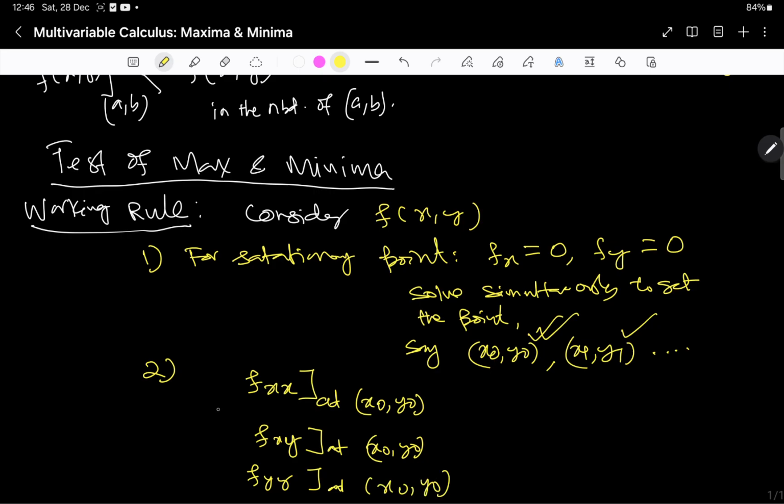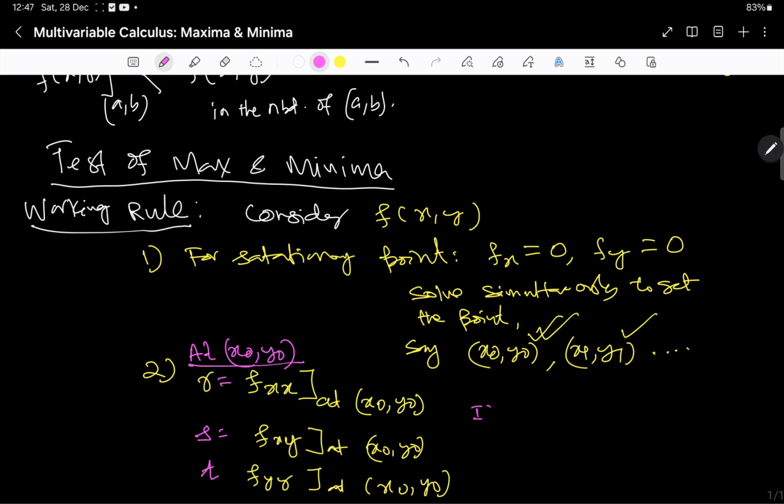As I have already told you earlier, this is my r, this is my s, and this is my t. Now after getting the second derivatives, we are testing at x0 y0. Similarly, we can go for the test at x1 y1.